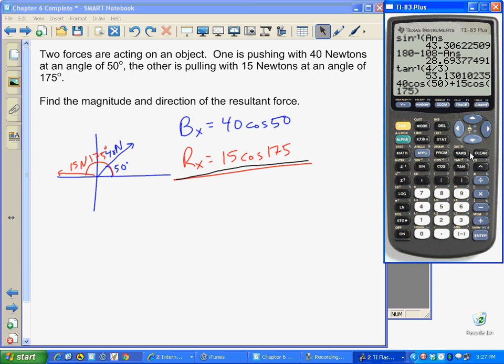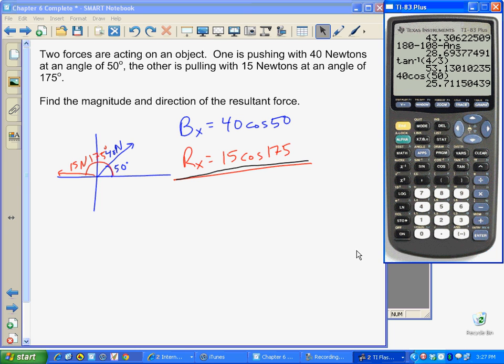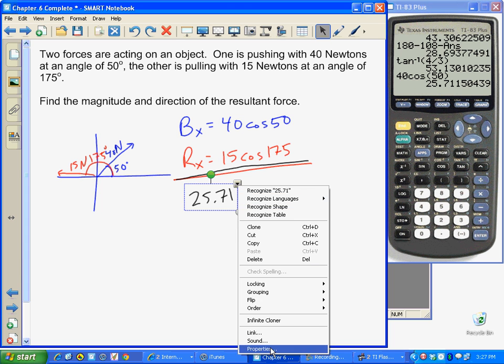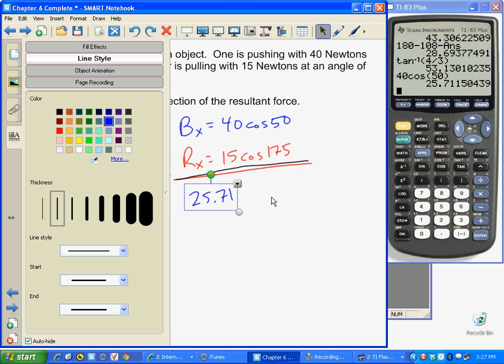Let's get the decimals out. 40 cosine 50 is an x component force of 25.71. So that's the blue force.